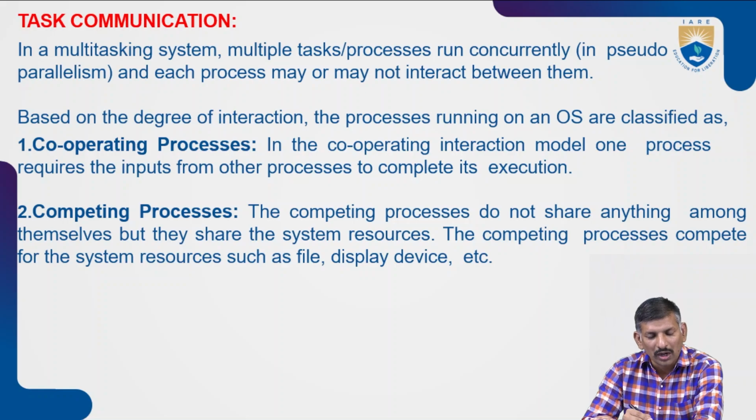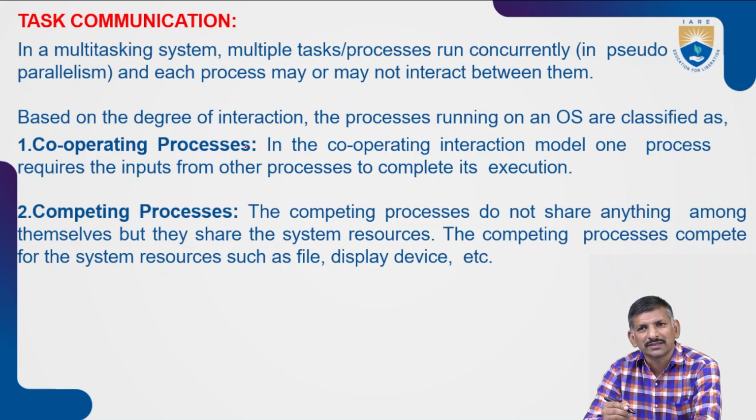One is the cooperating process. Cooperating means one process may require data from the other process for completion of its operation. If you want to do task 2, that depends on the task 1 response. That is a cooperating process.